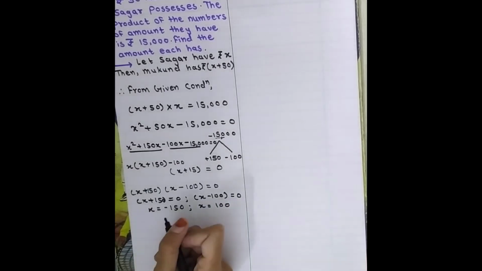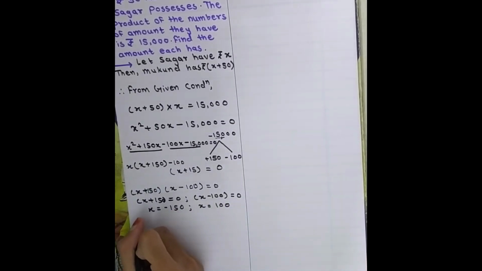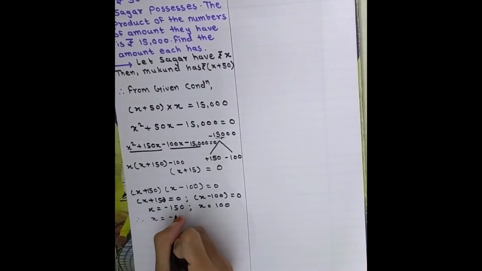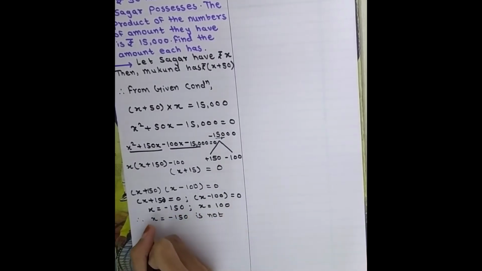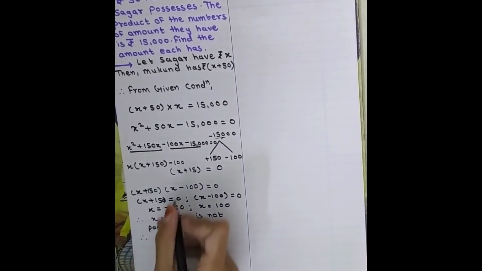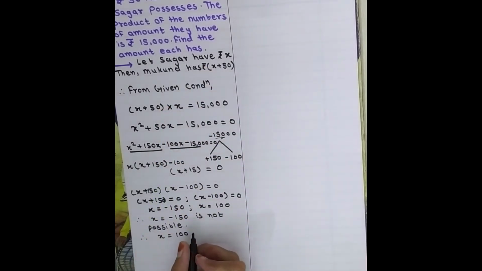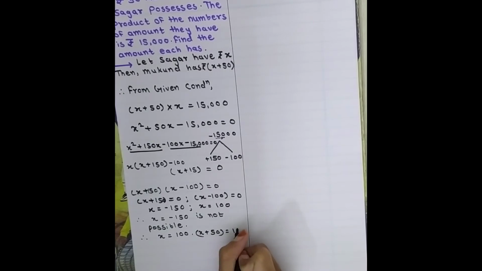So an amount can never be negative, right? Therefore x is equal to minus 150 is not possible. Therefore x is equal to 100 and this x plus 50 is 150.